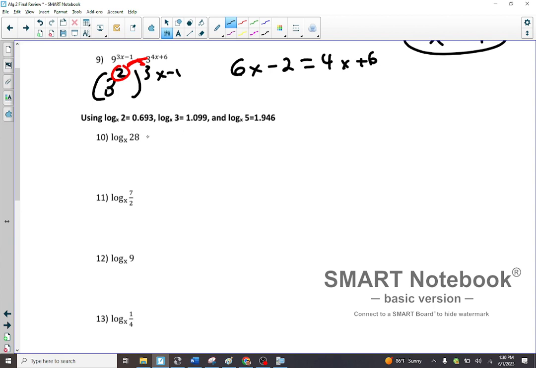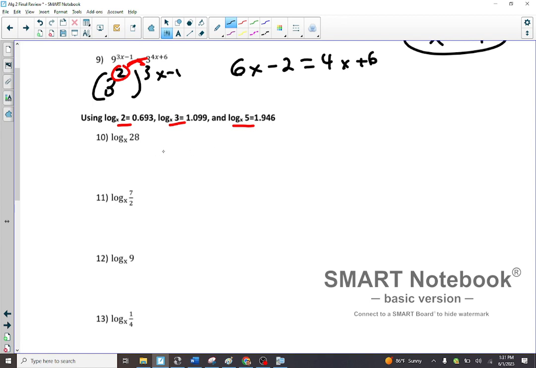Shh. So this one, we have log base x of 2, 3, and 5. These are like our building blocks. We have to break it down to things we know because we don't know what the base is, so we're not able to use the calculator in this case. Because we don't know what the base is, but we know the numbers, we can work it out. So in this case, log 28 we need to break down into 2s, 3s, and 5s.